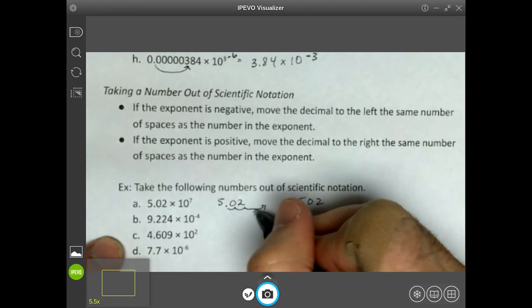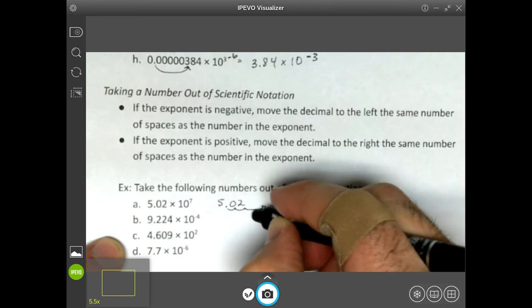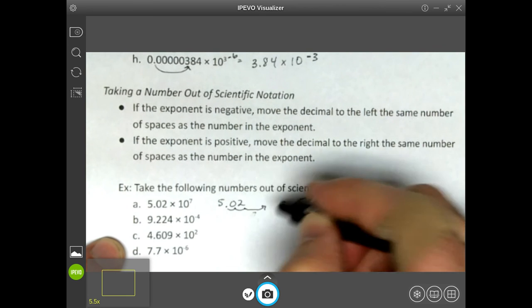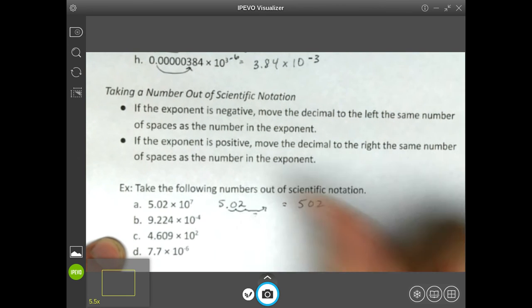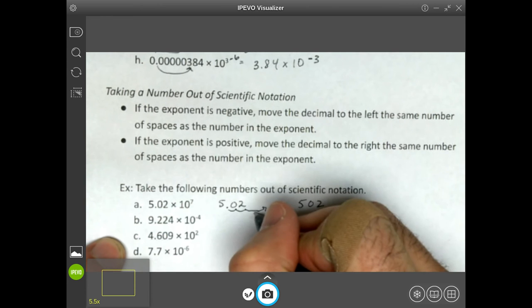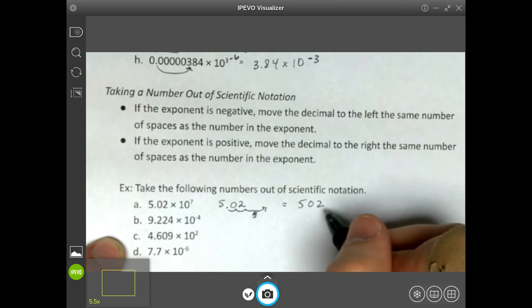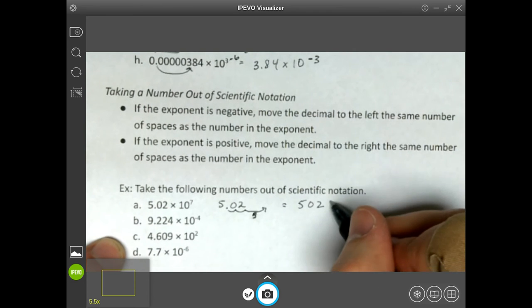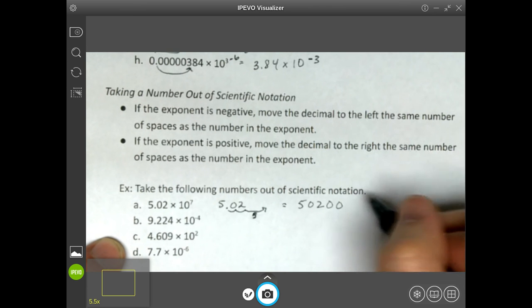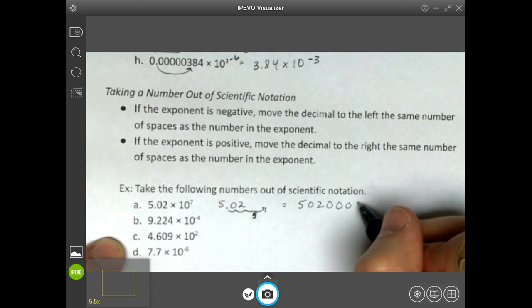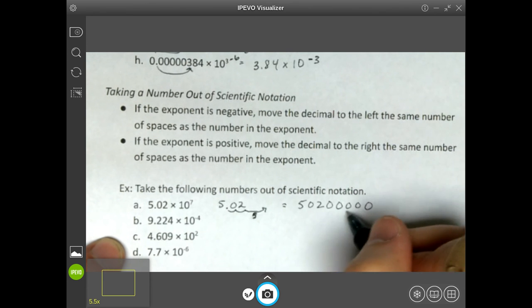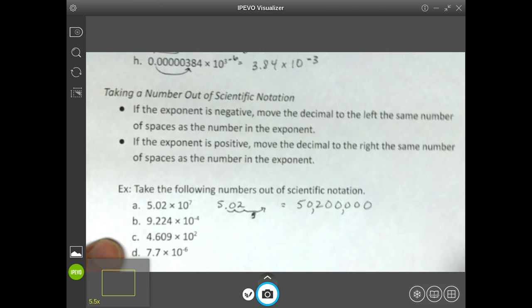I'm sorry, not 7 more. 5 more, because we moved it twice already. So 5 more. So 0, 2, and then 5 zeros. If there's nothing there, you just put 0. So 1, 2, 3, 4, 5. Put commas in 3. So it's 50,200,000.